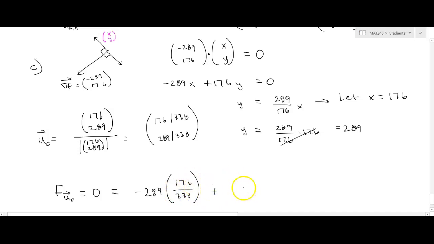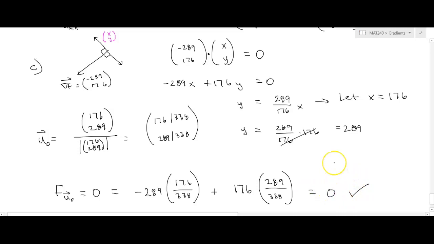Plus, we're going to gain 176 feet of elevation for every 1 mile we travel north, but we're going to travel 289 338ths of a mile north. And if you put these two things together, not surprisingly, we are going to get 0.